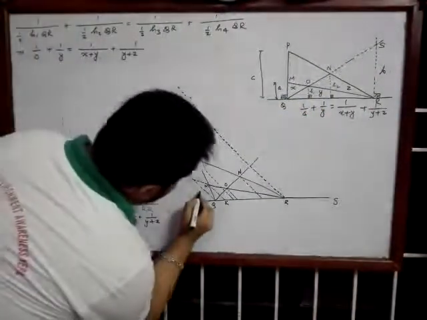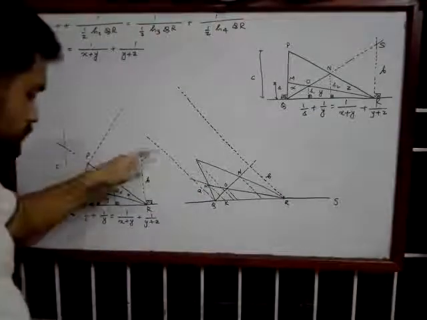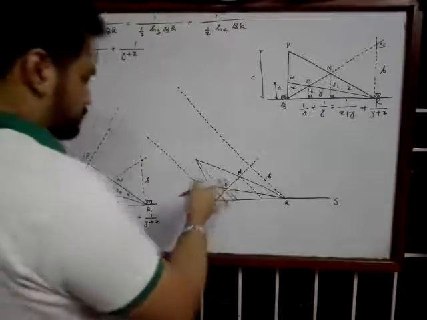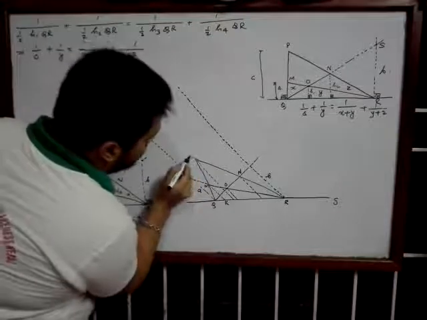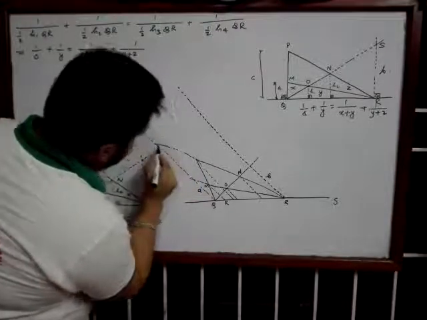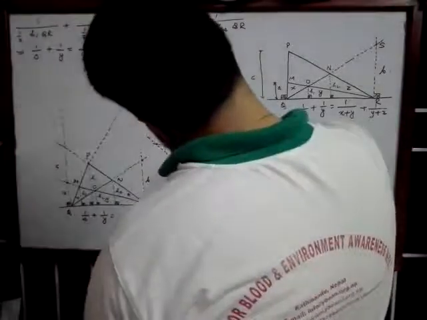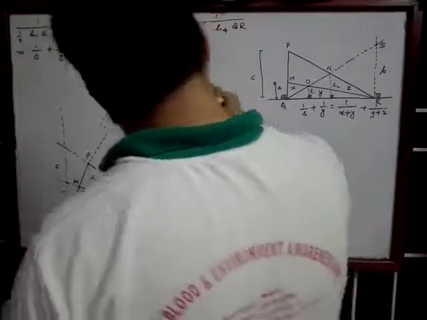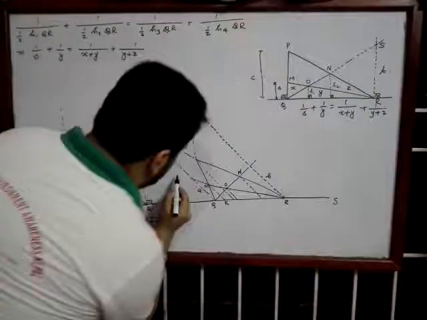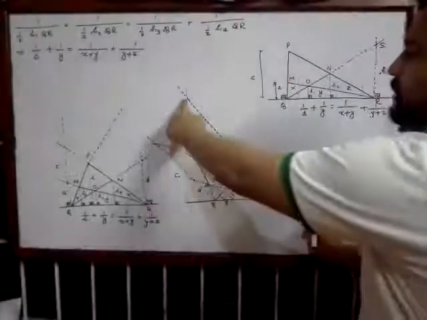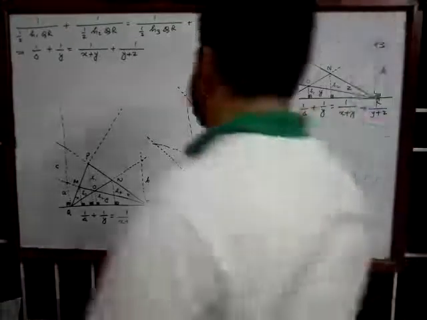Let's say this length is A and this length is B. Let's produce these two sides as well. This meets this line somewhere over here, and this one somewhere over here. This entire length we denote by C, and this entire length by D, just like in the previous case.